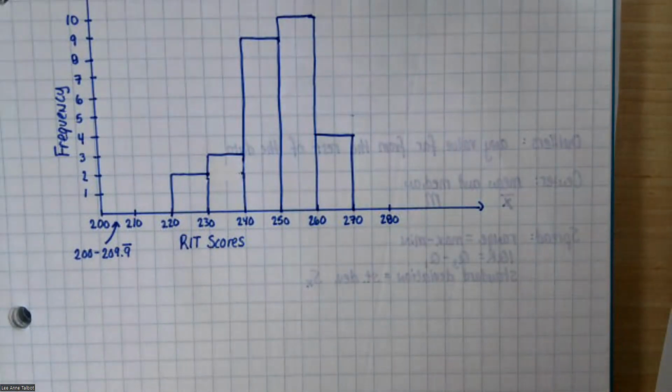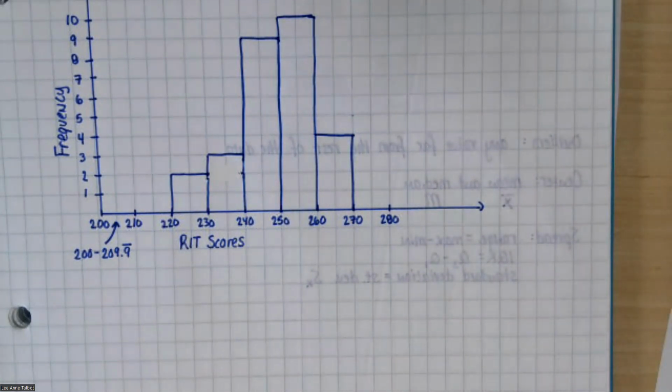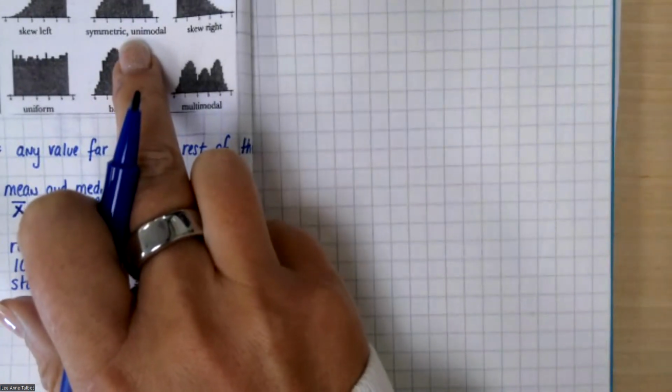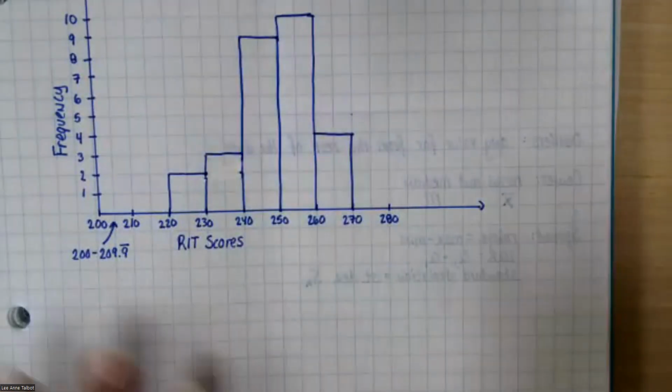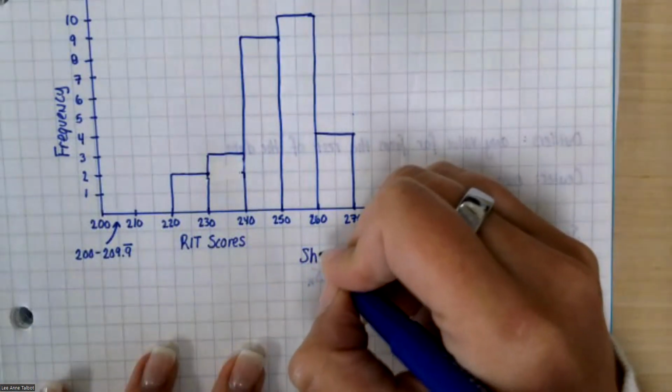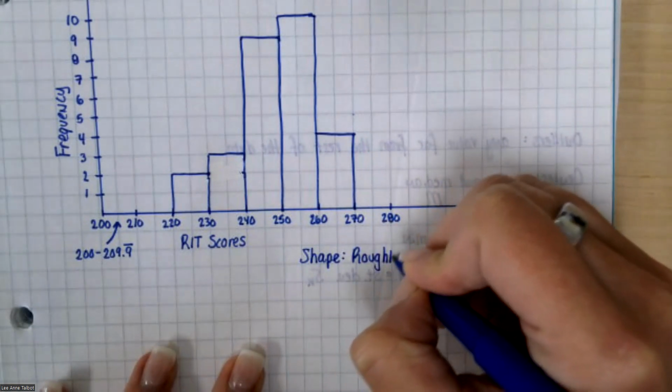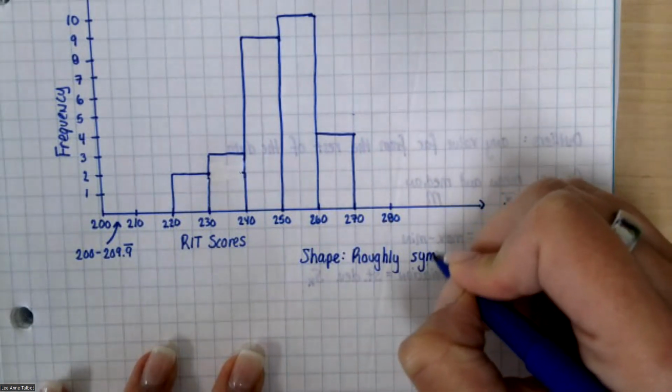That's a weird shape. Okay, so looking at my shape notes, I think the one that describes this one the best is symmetric, but it's not perfectly symmetric. So what we're going to say is shape is roughly symmetric.